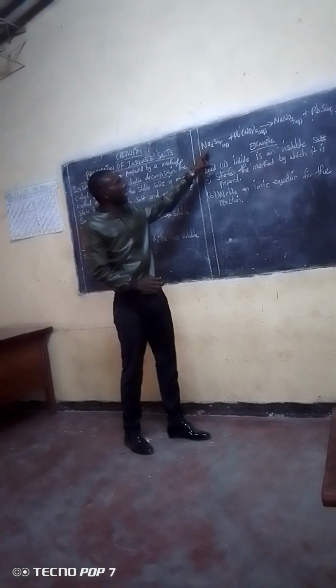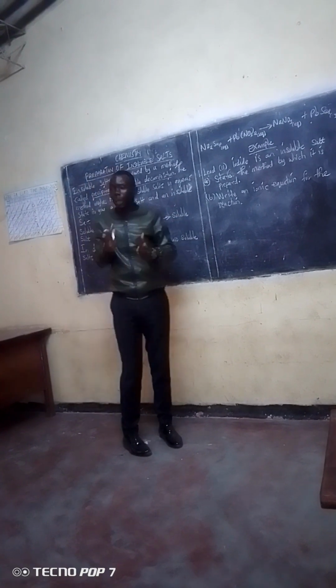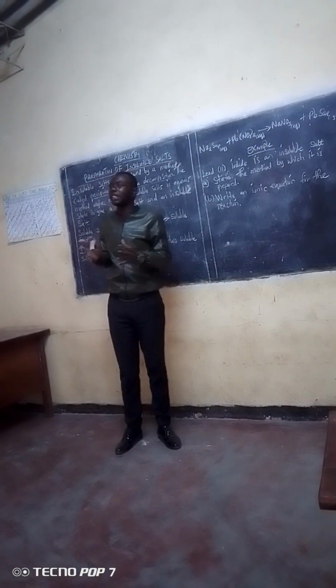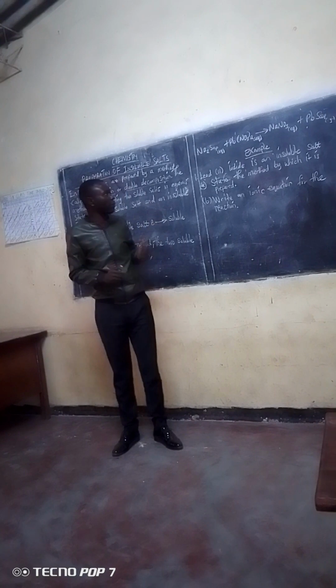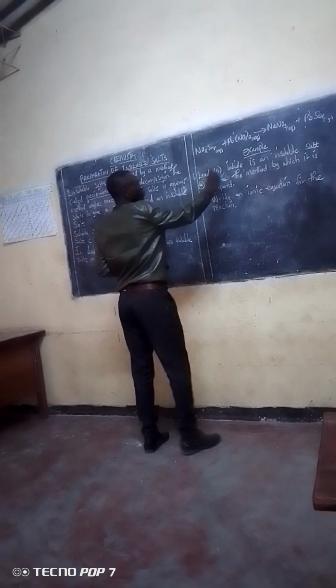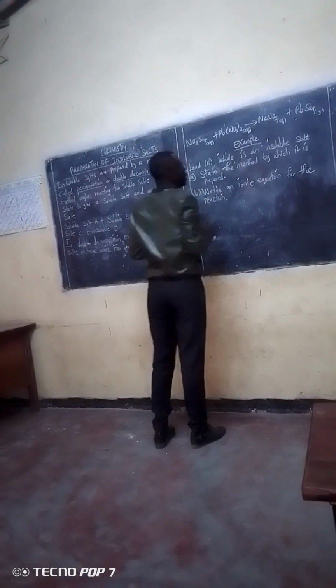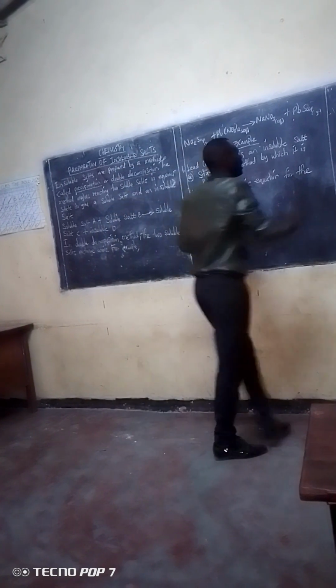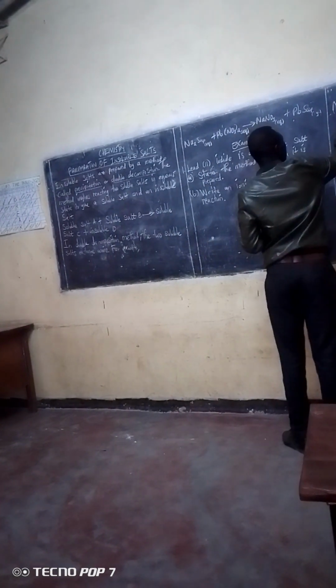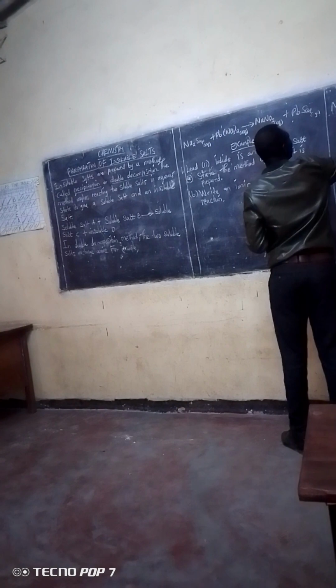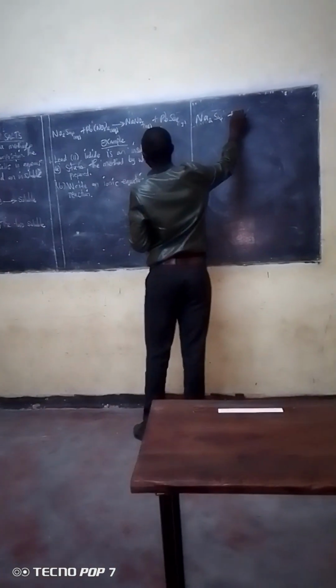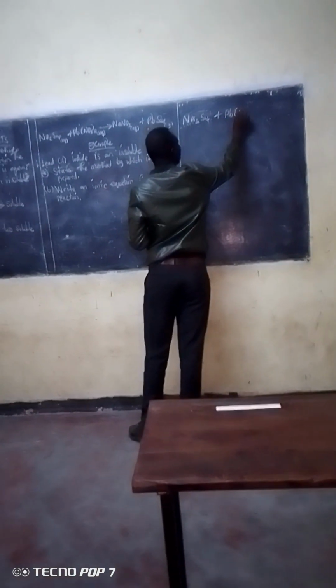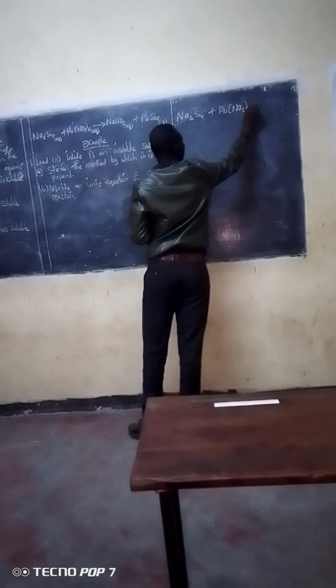Now, what happens here is that there will be an exchange of cations and anions. Let me expound it for you. We have sodium sulfate. It reacts with lead(II) nitrate.